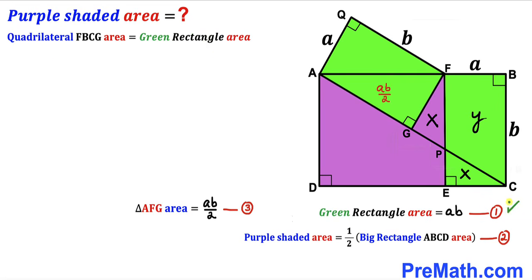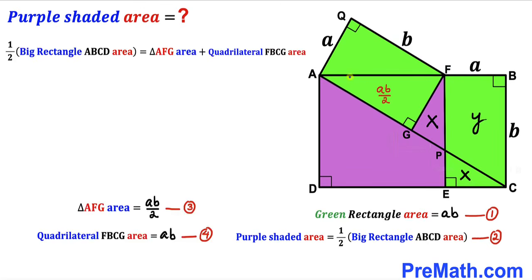And from equation 1 we can see the area of this green rectangle is A times B. So therefore I am going to replace this green rectangle area by A times B over here. So therefore the area of this quadrilateral FBCG turns out to be equal to A times B. And I'm going to label this one as our equation number 4.